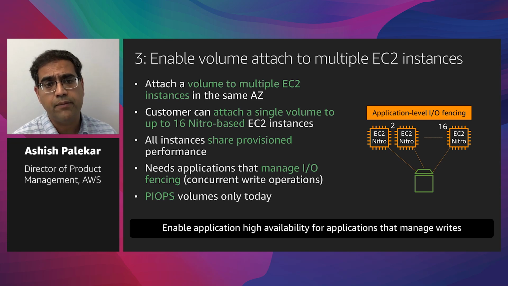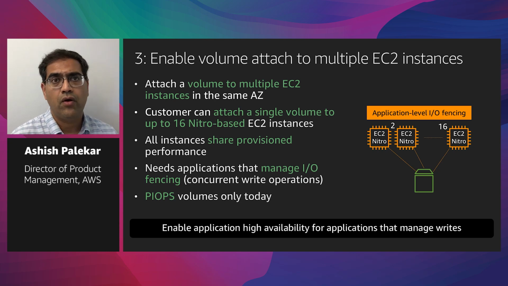The use case that this enables is applications that either need high availability for failover, or can manage their own IO fencing, or can do read-only shared access, and can benefit from the performance of EBS.